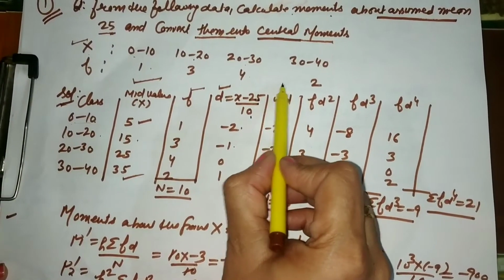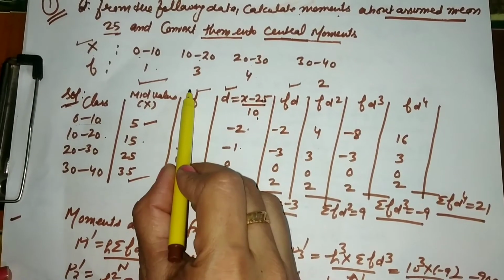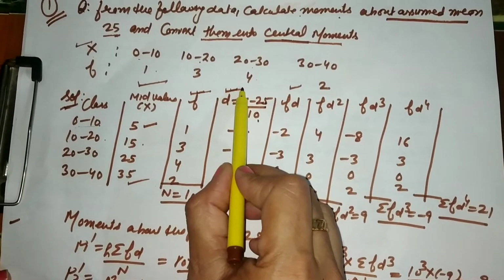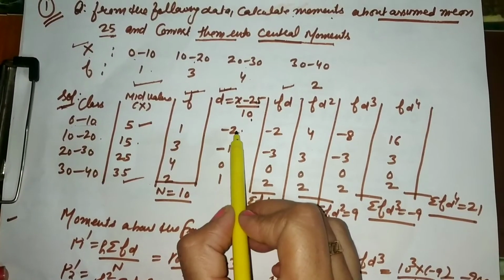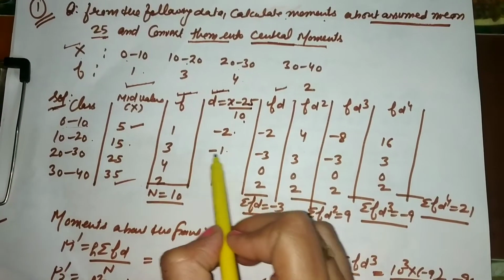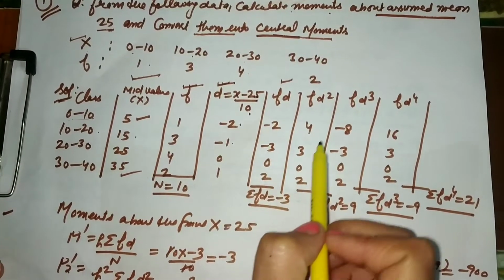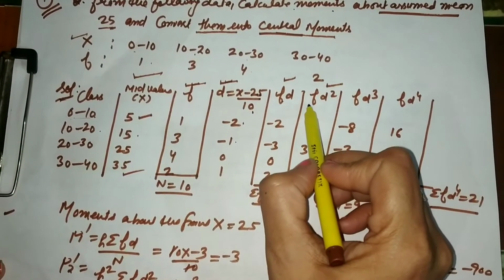Now I have formulated another column FD. I already have F and I have formulated the D column. FD means we have to multiply the values of F and D columns. 1 into minus 2, minus 2; 3 into minus 1, minus 3, and so on. Now I have formulated another column, that is FD square.